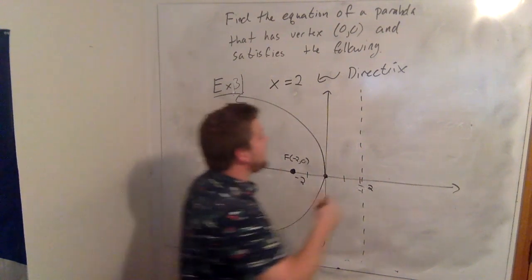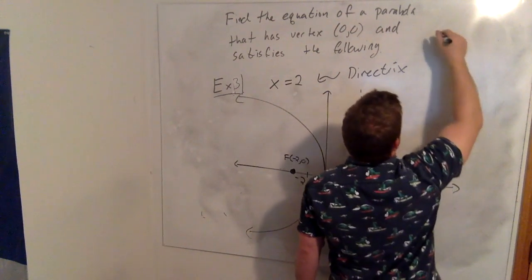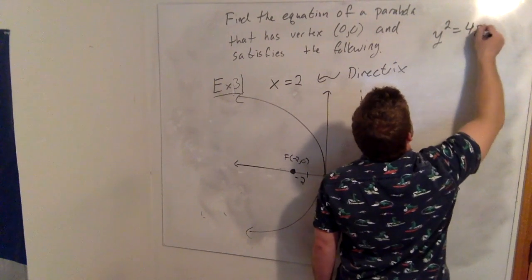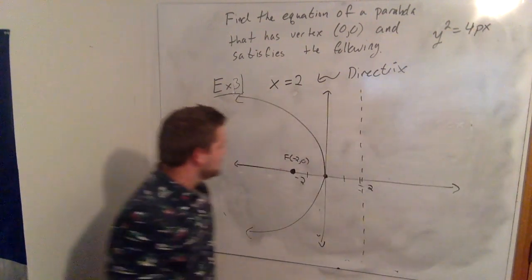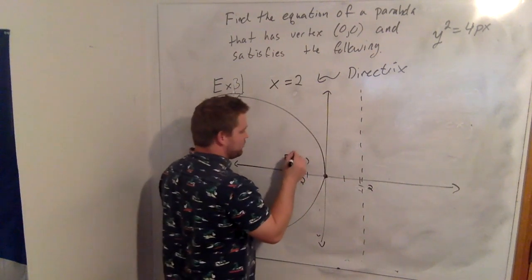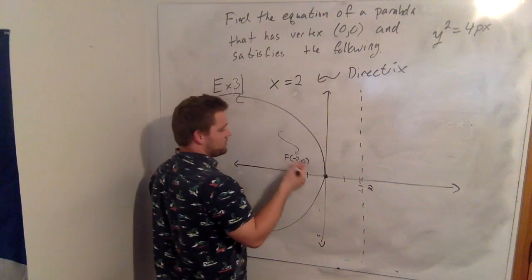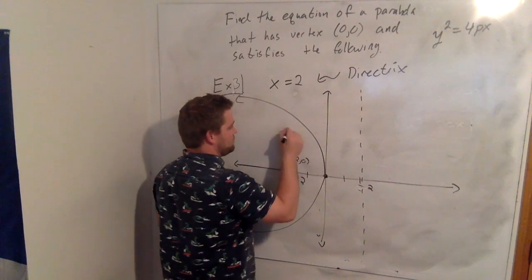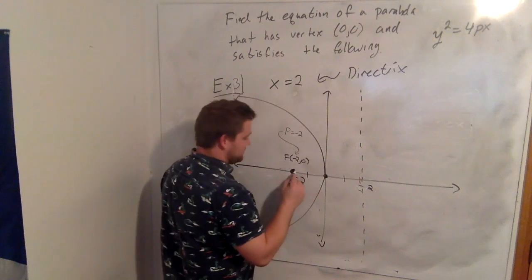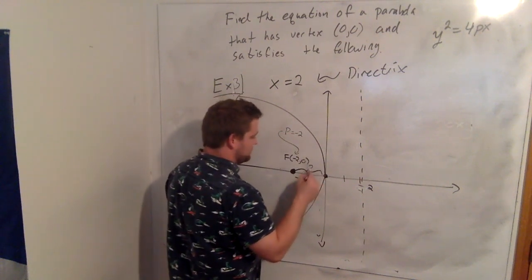So right off the bat, we know this will have the equation y squared equals 4px. In this case, we could almost read our p-value from the focus. Here the p-value, p, will be -2, or you could think that the distance from here to here is 2.